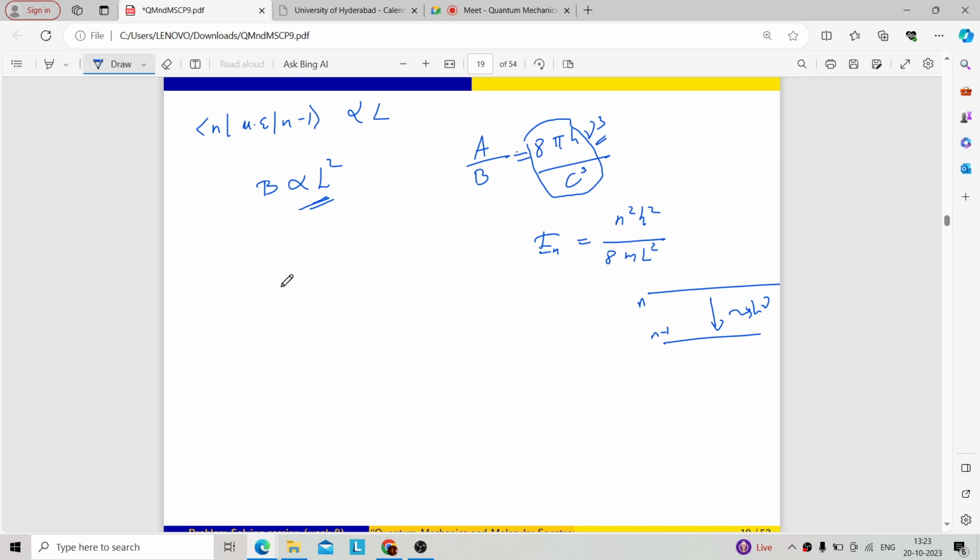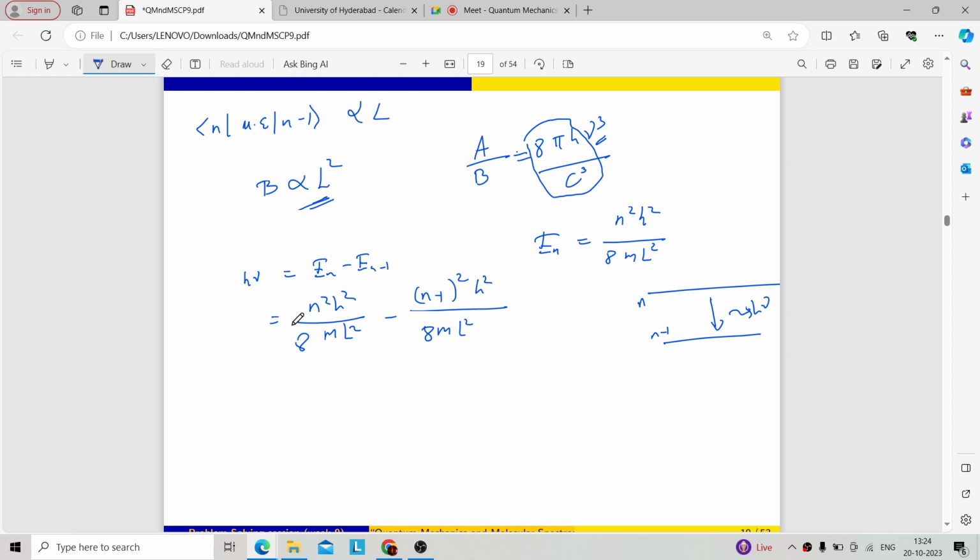So h nu should be equal to En minus En minus 1, which is n square h square over 8 m L square minus (n minus 1) square h square over 8 m L square.